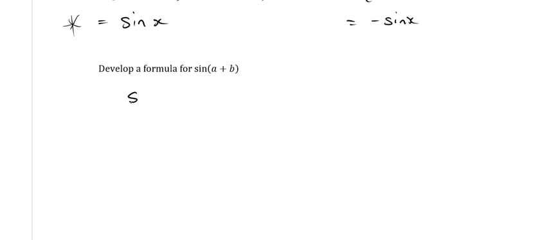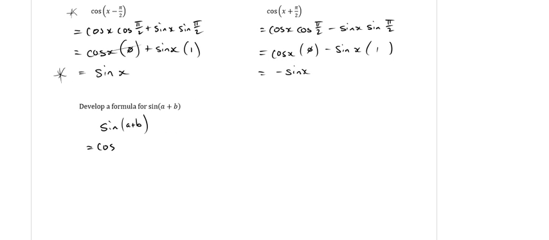So if I start with sine of a plus b, that is equal to cosine of what? A plus b minus pi over 2.